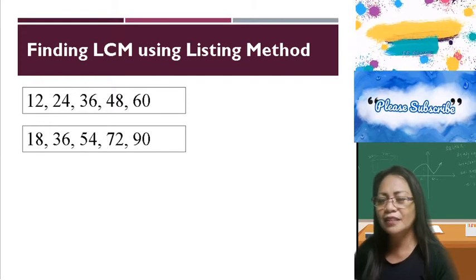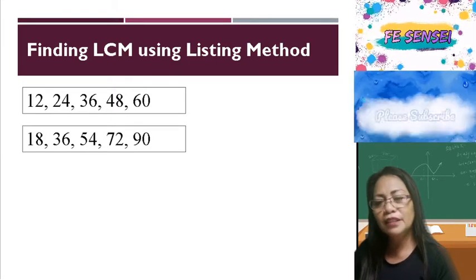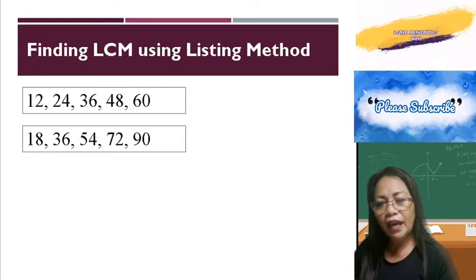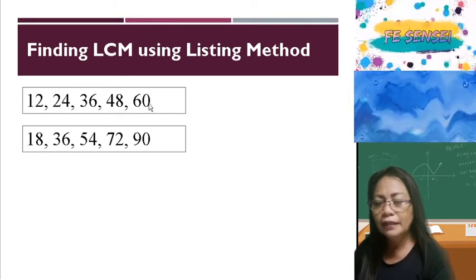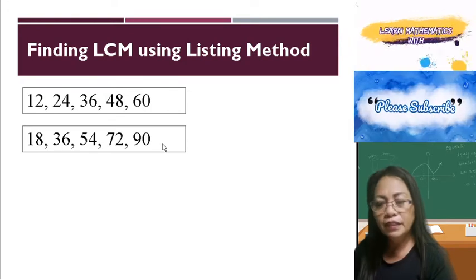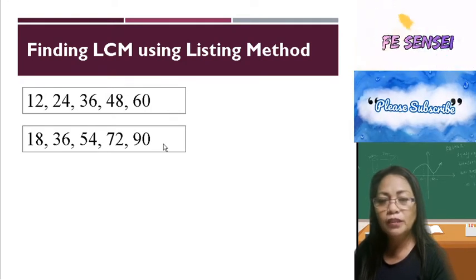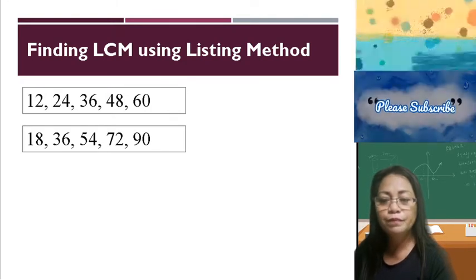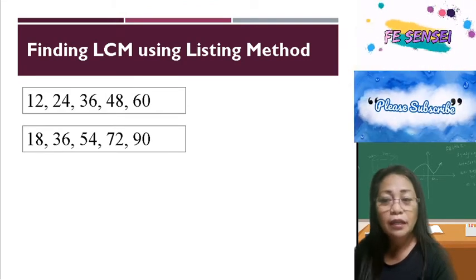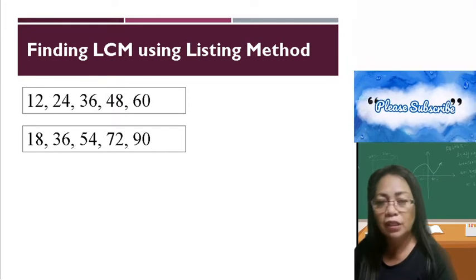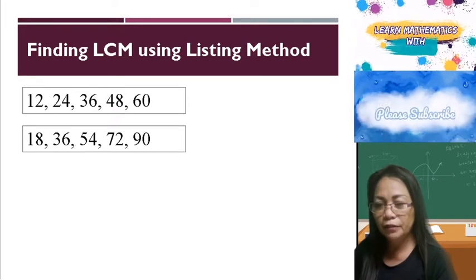So here it is. 12, 24, 36, 48, 60 for the multiples of 12, and 18, 36, 54, 72, 90 for the multiples of 18. This is how to find the LCM using the listing method.